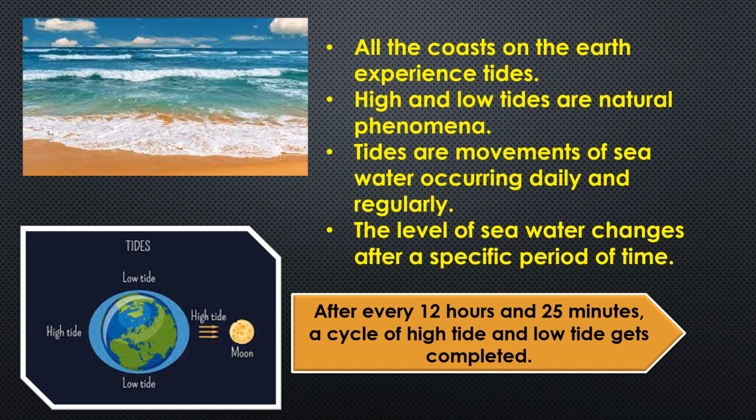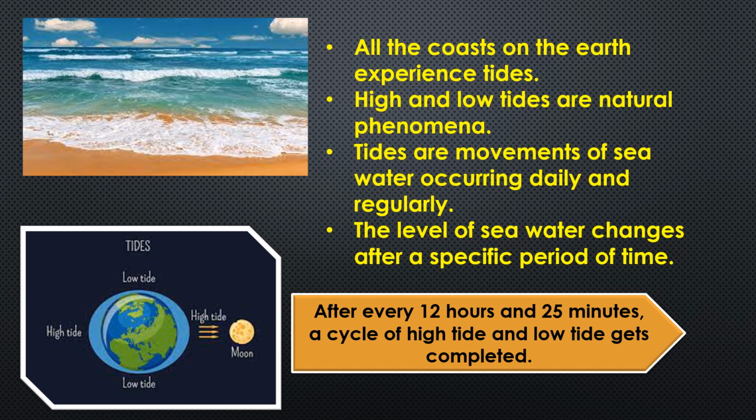So, after every 12 hours and 25 minutes, a cycle of high tide and low tide gets completed. So, if you look at the given picture, in a day we experience two high tides and two low tides alternately in a single day.